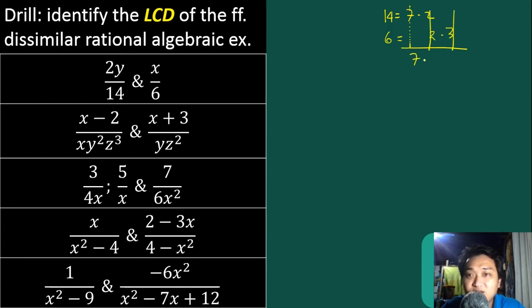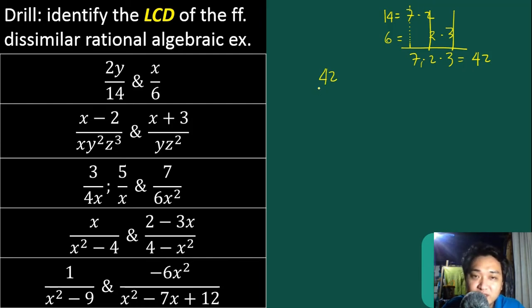So, 7 times 2 times 3. That is simply, 7 times 2 is 14. 14 times 3 is 42. So the least common denominator between 14 and 6 is 42.